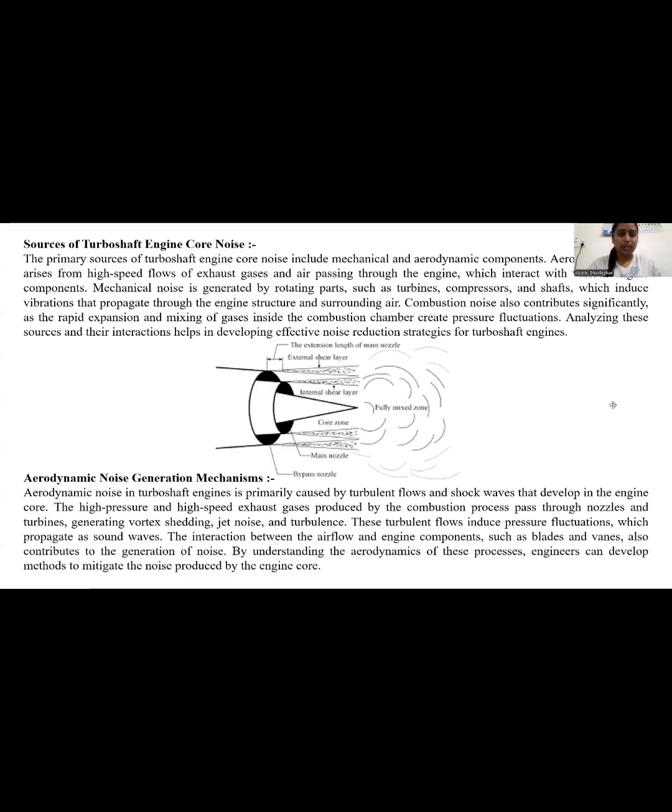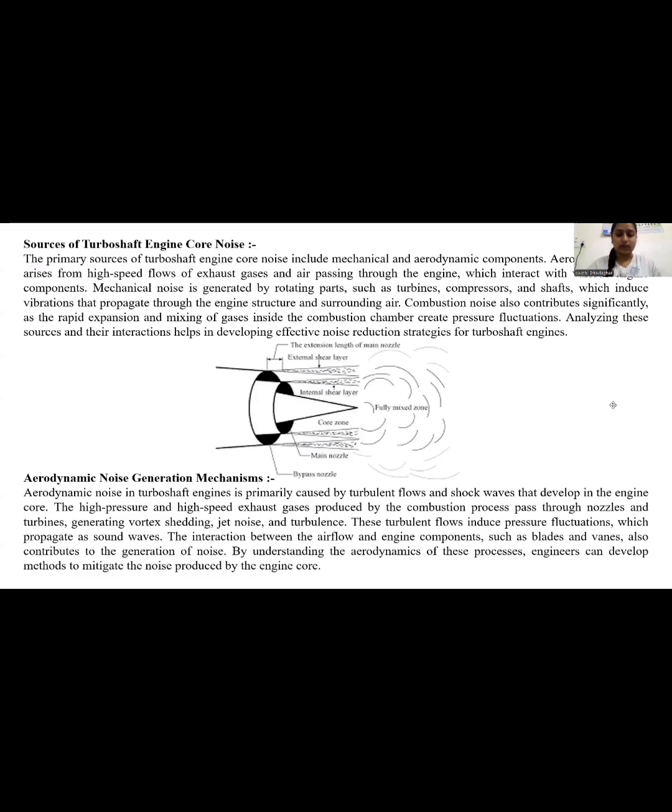Aerodynamic noise generation mechanism. Aerodynamic noise in turboshaft engines is primarily caused by turbulent flow and shock waves that develop in the engine core. The high pressure and high speed exhaust gases produced by the combustion process pass through the nozzle and turbines, generating vortex shedding, jet noise, and turbulence.